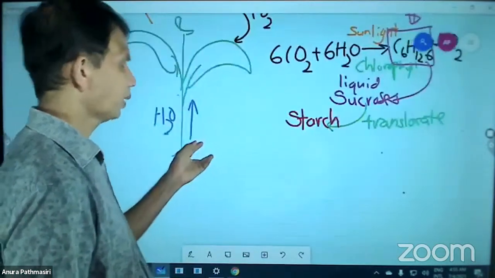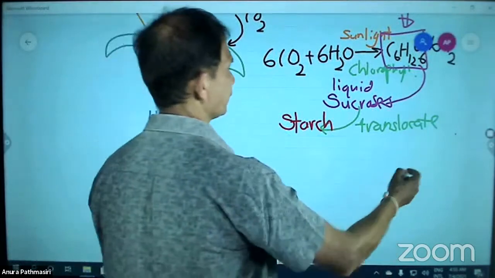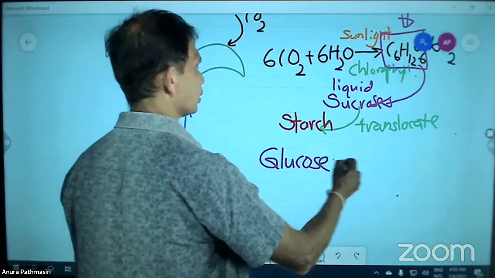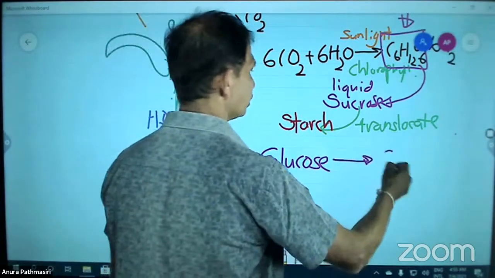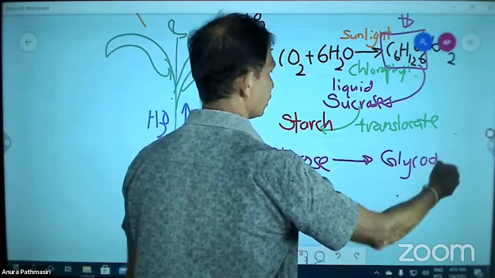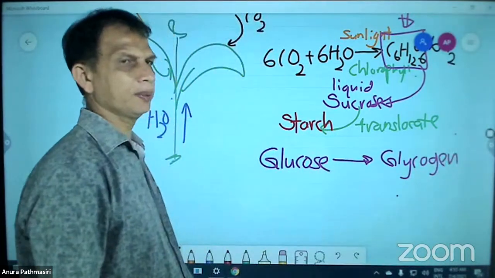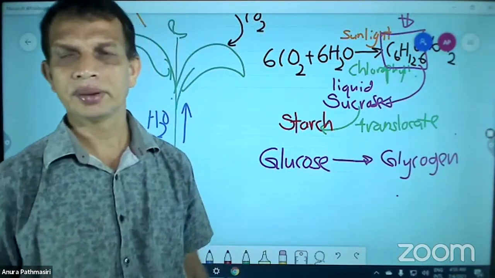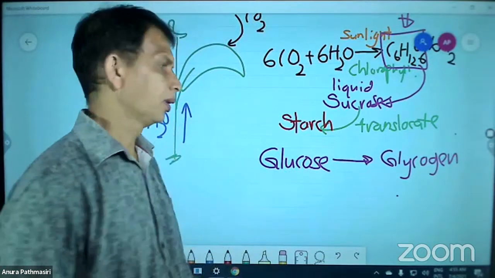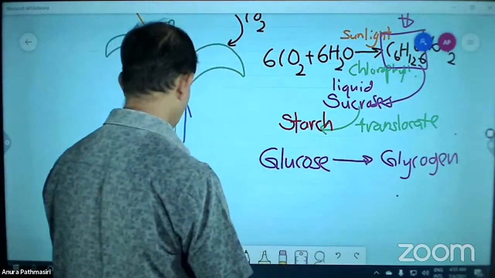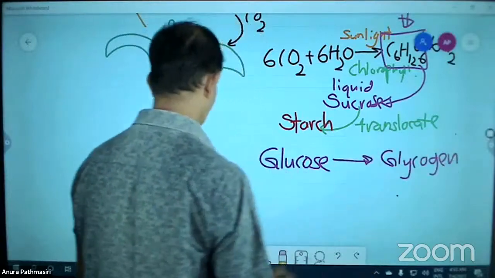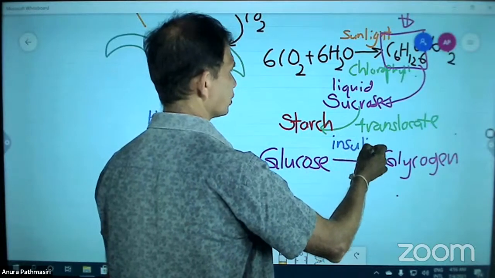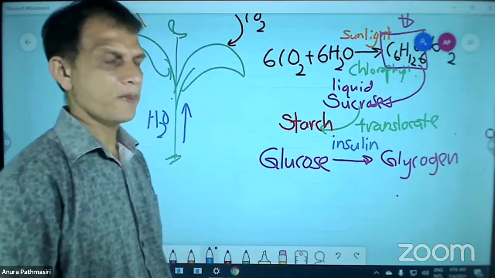After getting into our blood circulatory system, what will happen? The glucose is converted into glycogen, right? That is what happens in our body. It is converted into glycogen and stored in our body, especially in the liver. By which is this conversion done? There you have the insulin hormone produced in the pancreas.